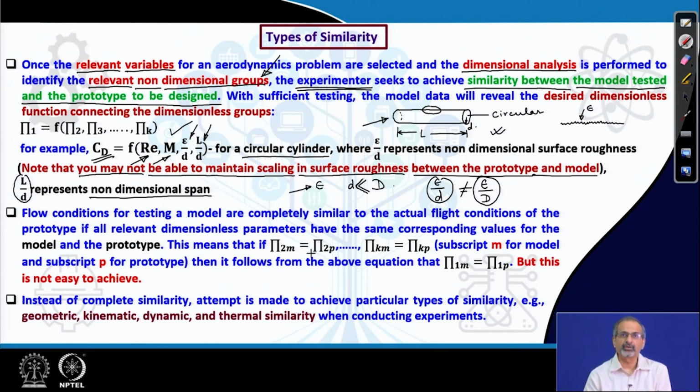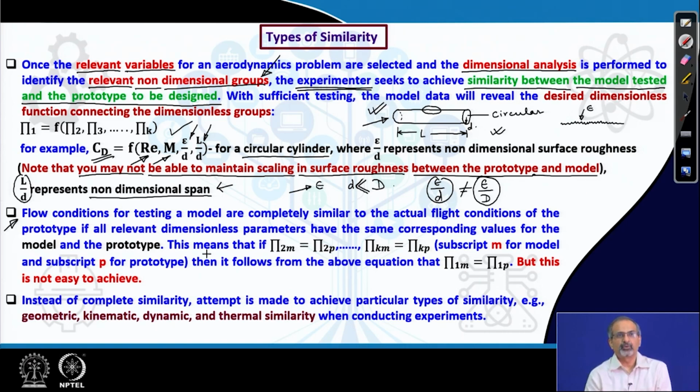Further, the prototype may have different kind of other manifestations, other features on its surface which may not be exactly replicatable on a much smaller scale in the model with perfect accuracy. So, there are therefore a lot of mismatches between the model and the prototype. So, this is the real world scenario.